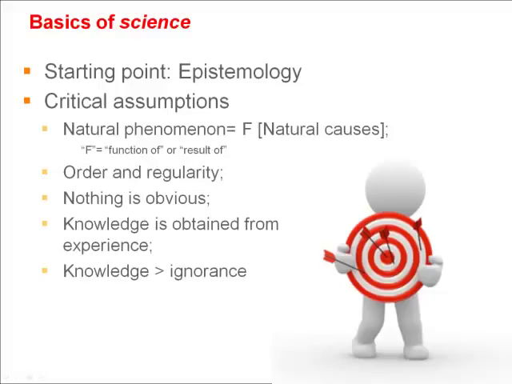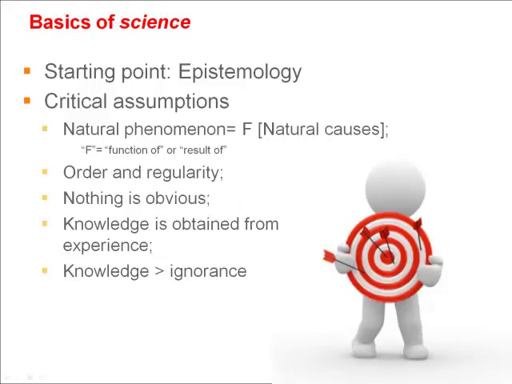And there are a few basic assumptions of science. The philosophical underpinnings of science is called epistemology, or the study of the foundations of knowledge. And within that, there are several different assumptions. Number one, that nature is orderly and regular, and that we can know it, that we can understand it, that it is tangible.